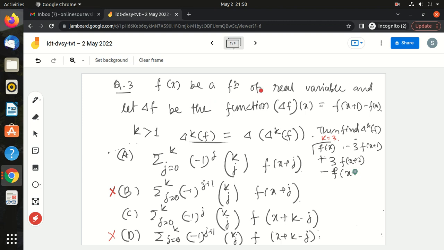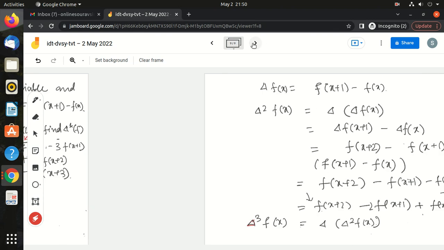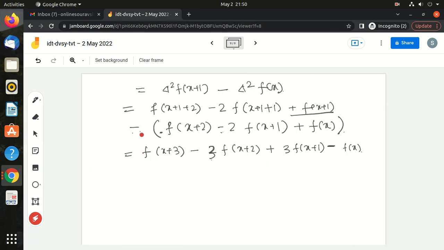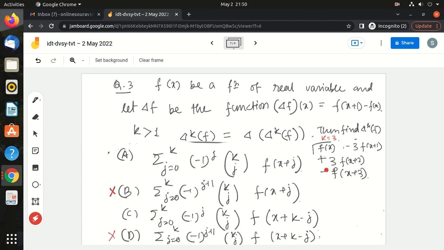So let me check if this matches what we got here. Here it is saying that we have a plus sign, right? But here we have a minus sign. So definitely A is not correct. So in your mind you can now say that C will be correct, but until you prove it.